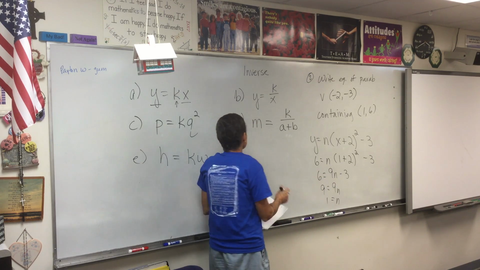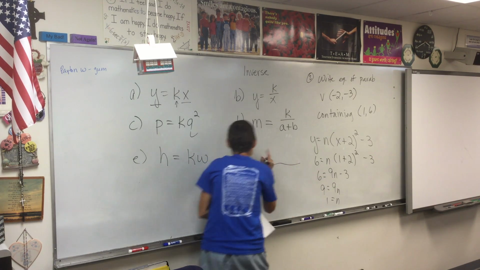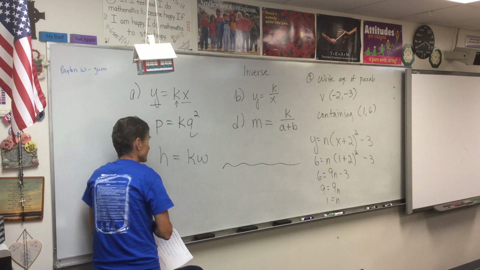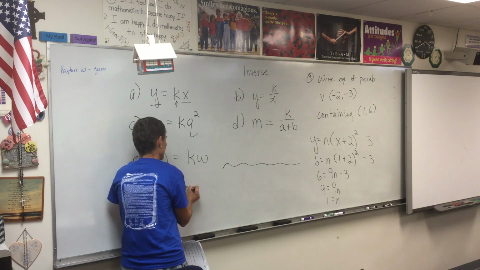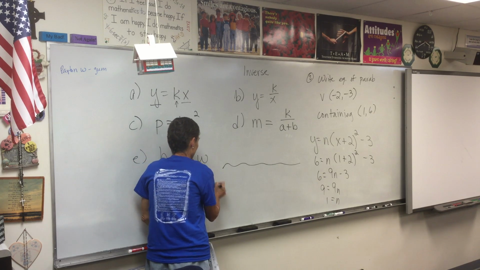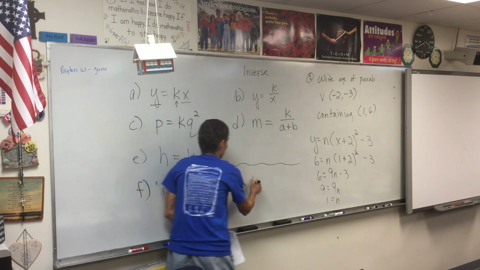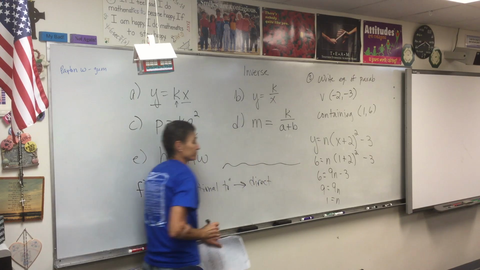Now, F is tricky. F actually goes in this column. The words "is proportional to" means direct variation.